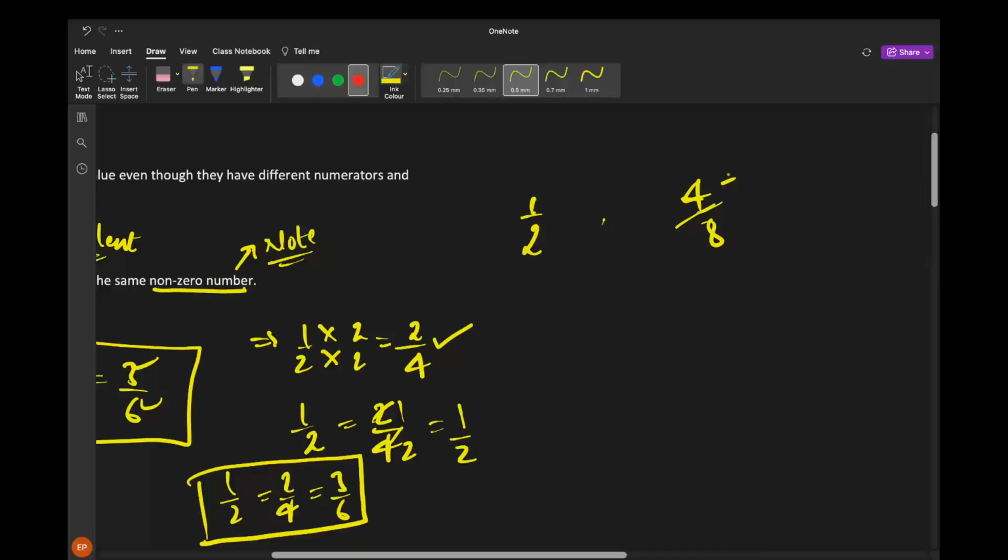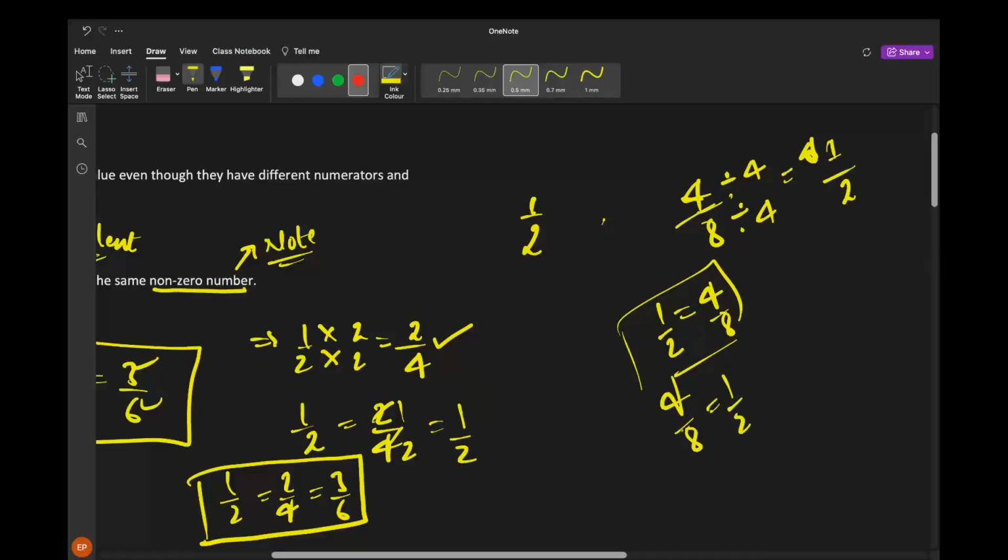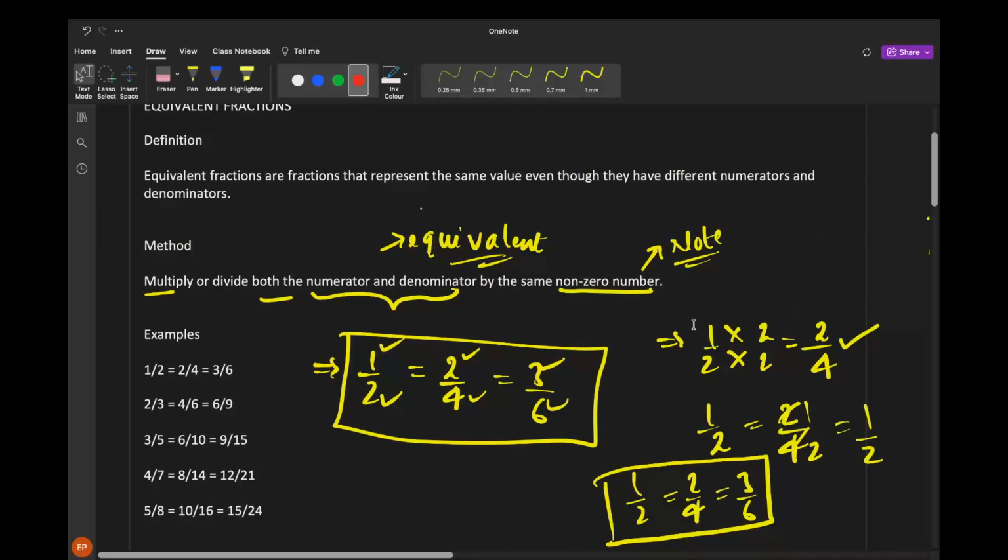Now I will divide both numerator and denominator by the same number. 4 by 4, 8 by 4: 4 divided by 4 gives 1, and 8 divided by 4 gives 2. So 1 by 2 is equal to 4 by 8, or 4 by 8 is equal to 1 by 2. So you can do multiplication or division, anything, but take the same value, and that should be a non-zero number.